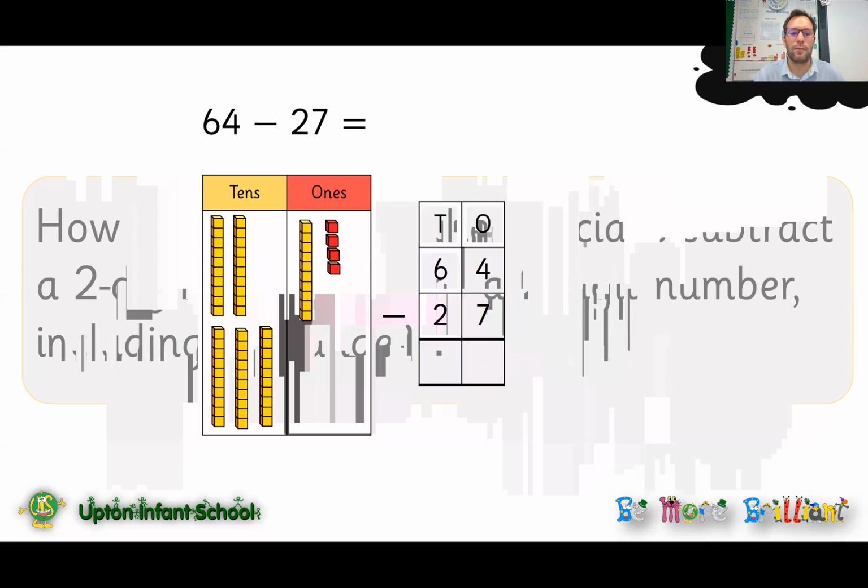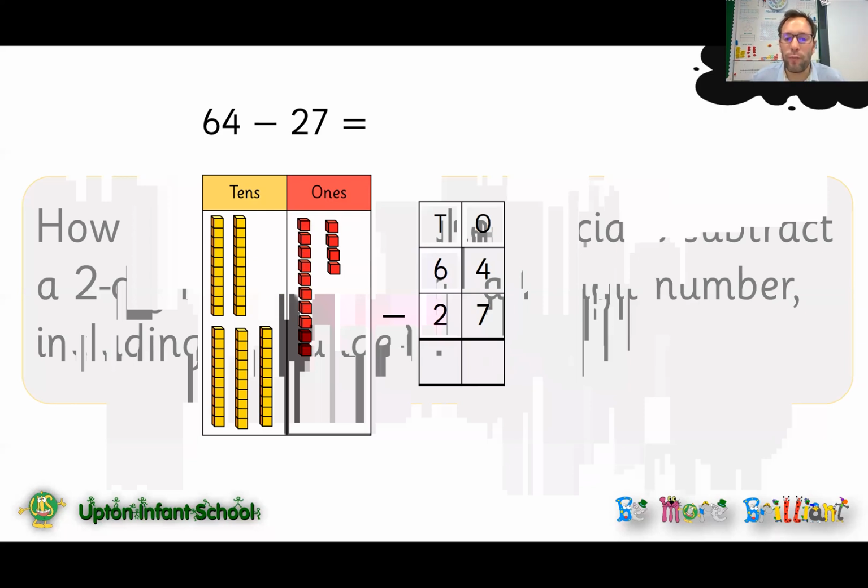So to begin with, I know that I haven't got enough ones to take away because I need to take away 7 ones. So that's why this 10 here, I'm going to move it over there. And because it's now gone into my ones column, I'm going to exchange it for 10 ones.